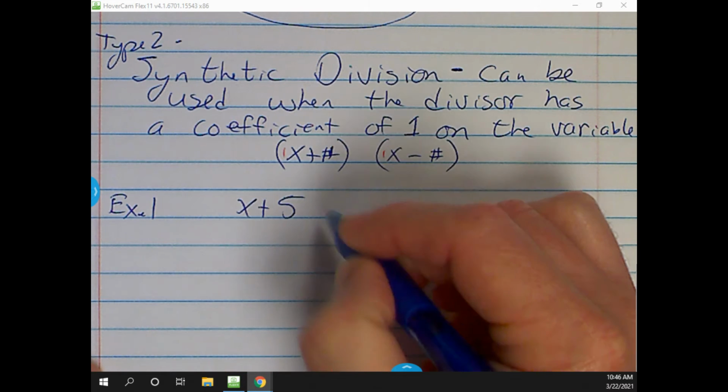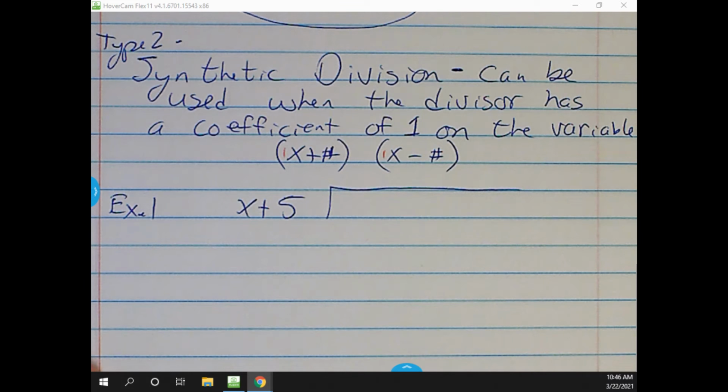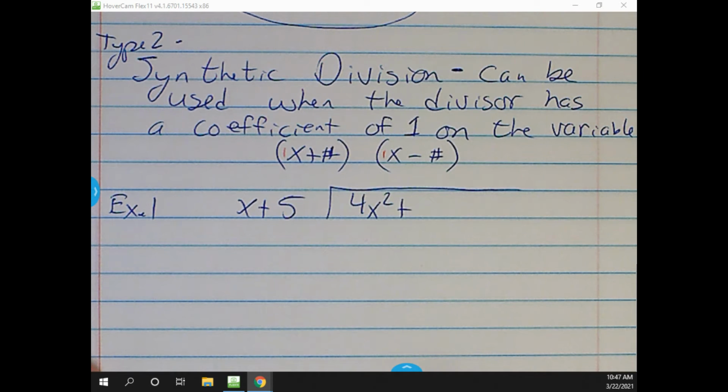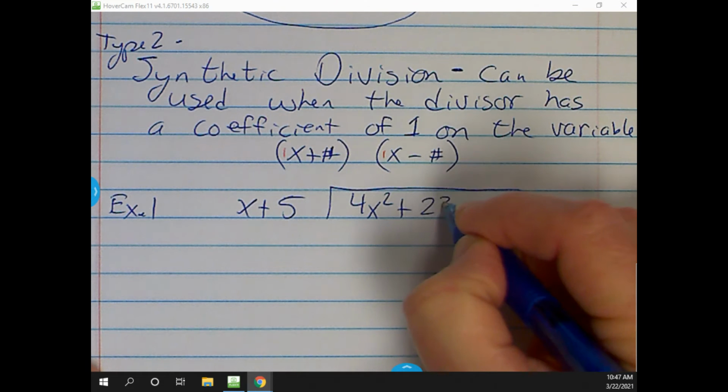All right, so let's do x plus 5, and let's divide that into 4x squared plus 23x plus 16.